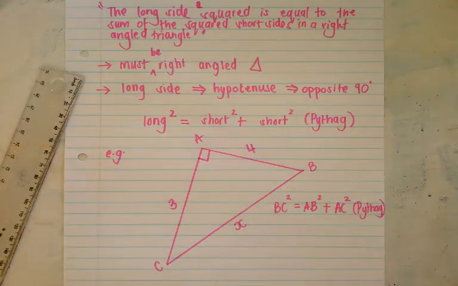Then substitute for me. What can I write for BC? What is the value of AB and what is the value of AC?